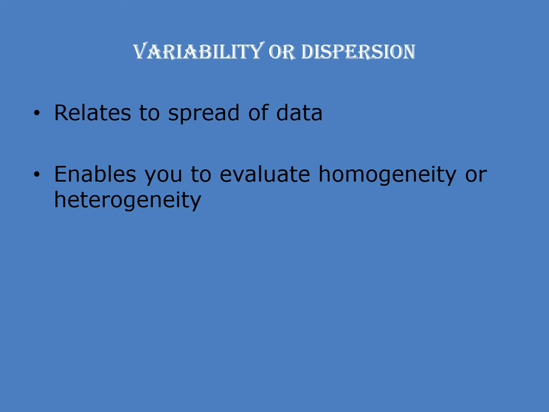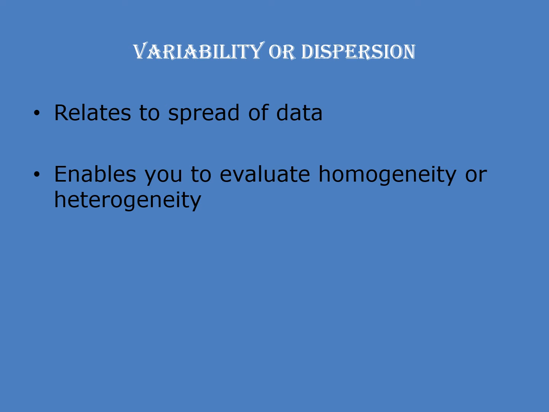I also want to provide a quick definition around variability or dispersion. So variability or dispersion relates to the spread of data. So for example, if you imagine a data set where data has been collected, and let's say the data set has a normal distribution, generally speaking.